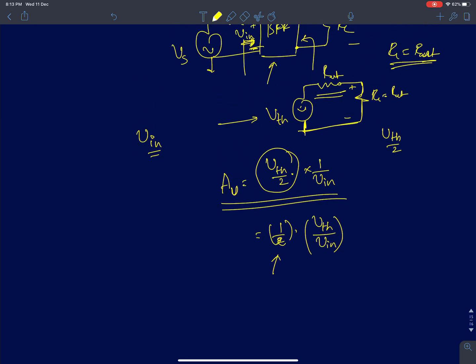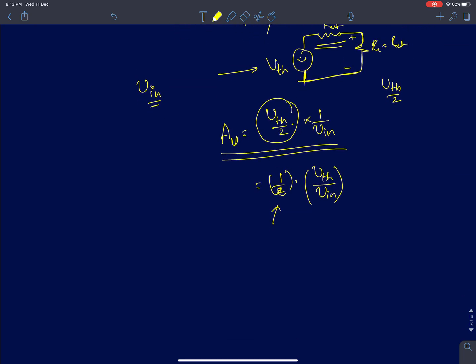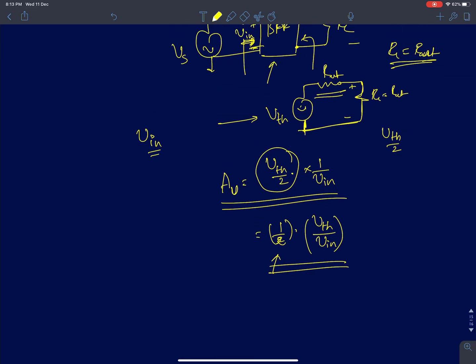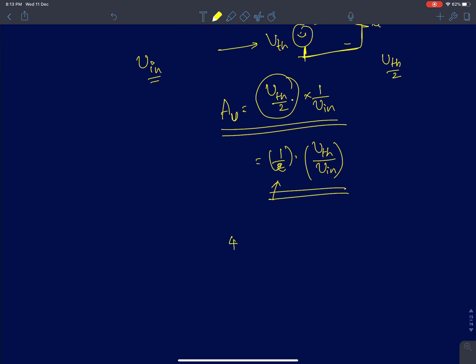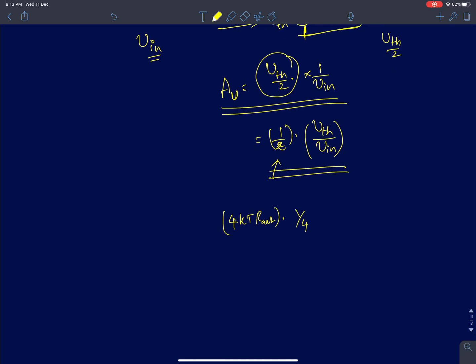Now I'll divide this by the gain squared. You have your output noise, which is 4kT R_out into half squared, which is 1 by 4. I'm going to divide this by the gain squared, which is 1 by 4 into V_TH squared by V_in squared.